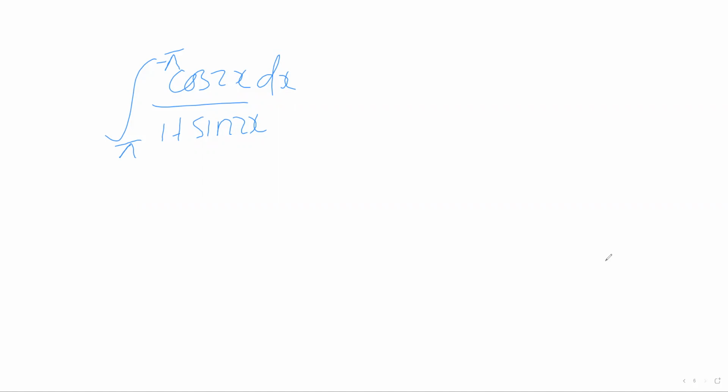Maybe you're integrating from negative pi to pi. One thing, if you look at this function here, if I take the denominator as my f of x, which is 1 plus sine 2x, let's get a derivative of that.